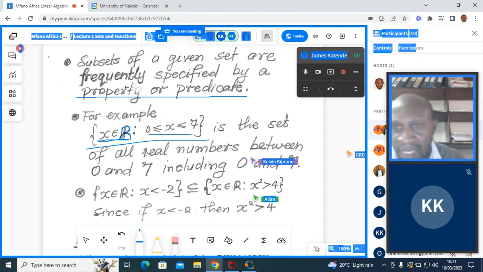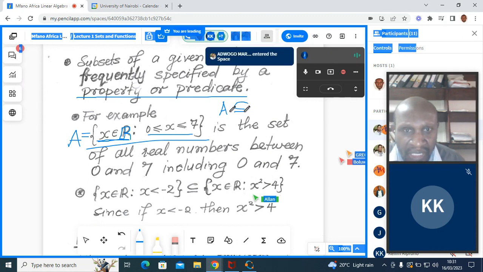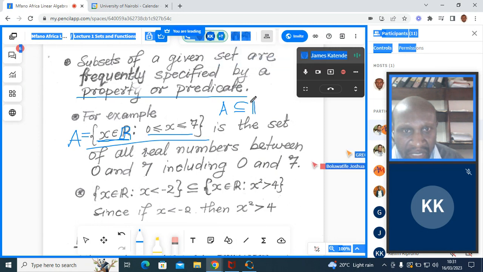So x is a real number which lies between 0 and 7, that is, including both 0 and 7. This is a subset of the set of real numbers. If you call this set A, it definitely is a subset of the set of real numbers. And it shows us how to describe a subset of a given set. This is called the set builder notation.